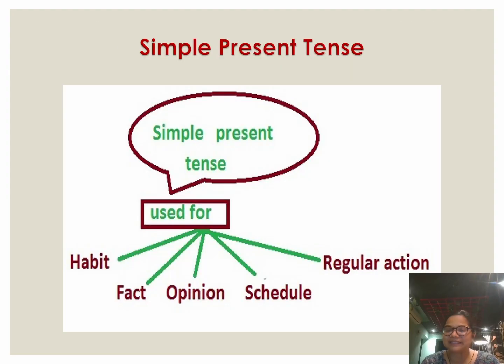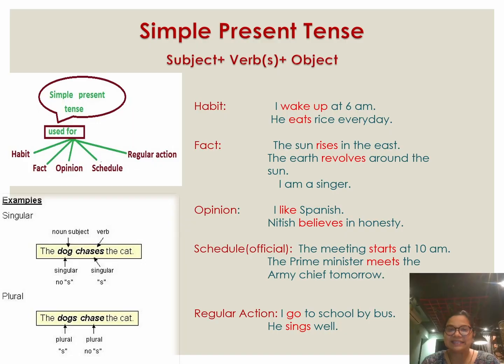So in simple present tense, what are the situations where we use it? When something is a habit, a fact, an opinion, a schedule, or a regular action. The formula is subject plus verb and then s.